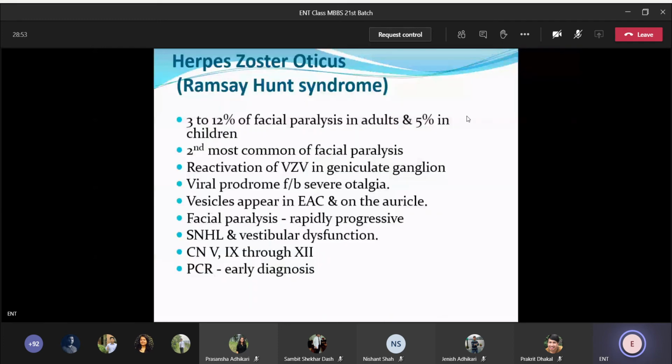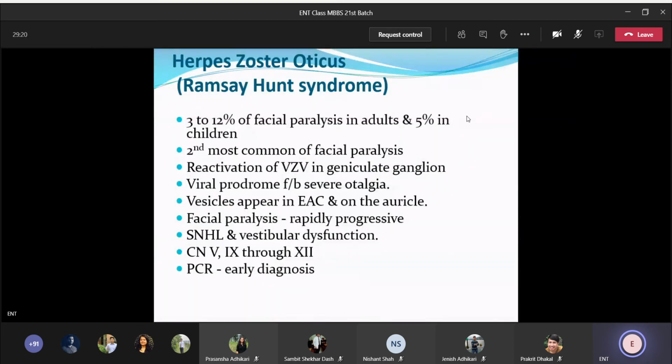Now the specific diseases which cause facial nerve paralysis. The most common cause is Bell's palsy, idiopathic, and this is Herpes Zoster oticus, which is known as Ramsay-Hunt syndrome. It is the second most common cause of facial paralysis. It comprises 3 to 12% of facial paralysis in adults and 5% in children.